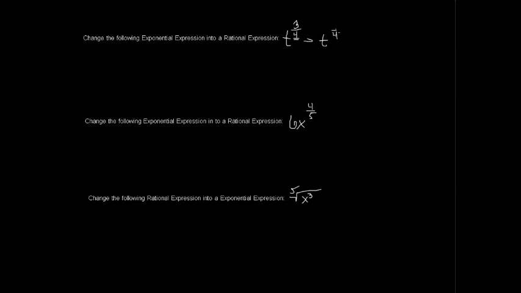But you've got a 3 up here, which means you have 3 of these: t to the 1/4 times t to the 1/4 times t to the 1/4. That is really bad drawing, but you get the picture. There's 3 t to the 1/4s that are all multiplied together to get you this expression of t to the 3/4 power.